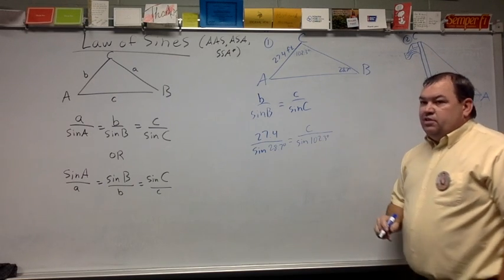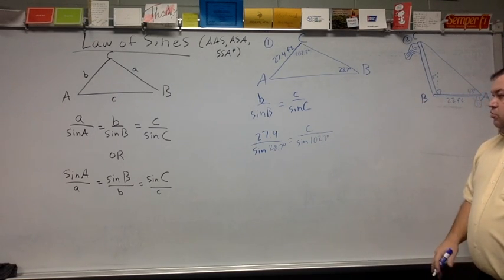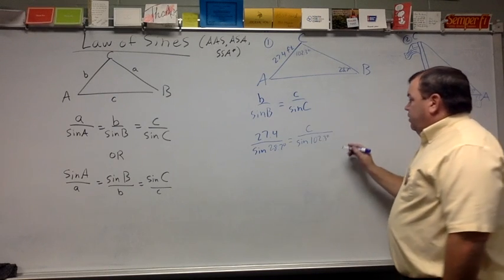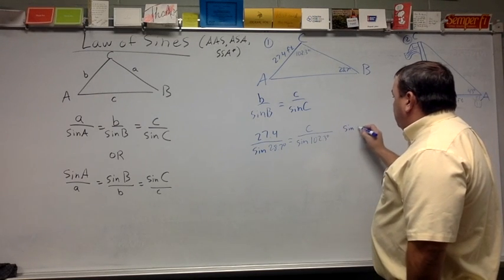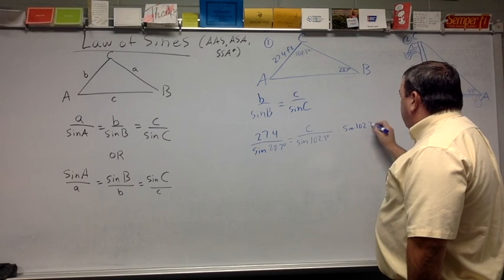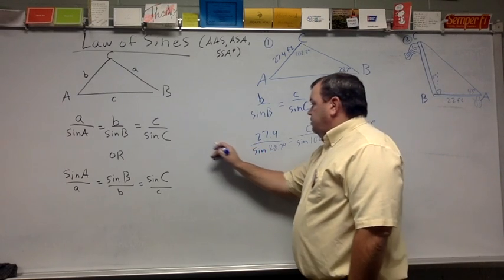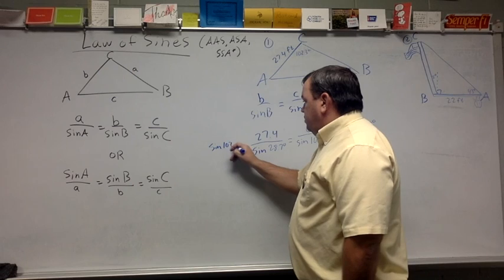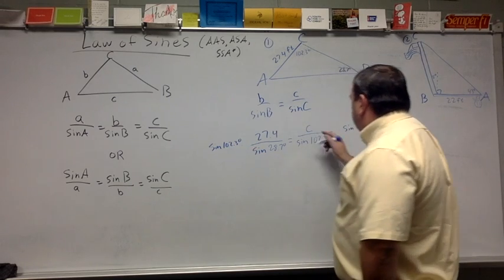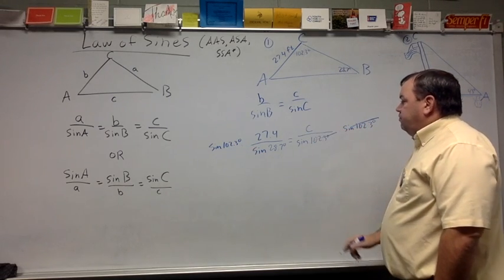And it doesn't matter if it's obtuse or if it's acute, it should work. So if I solve this for C, I'm going to multiply by the sine of 102.3 degrees. And that gets my C by itself.